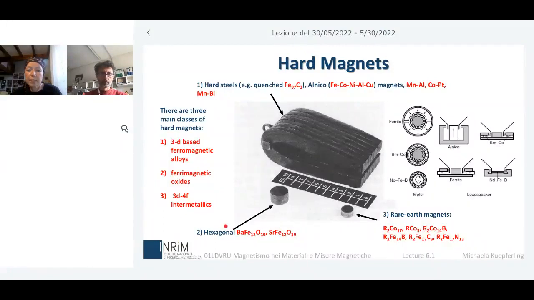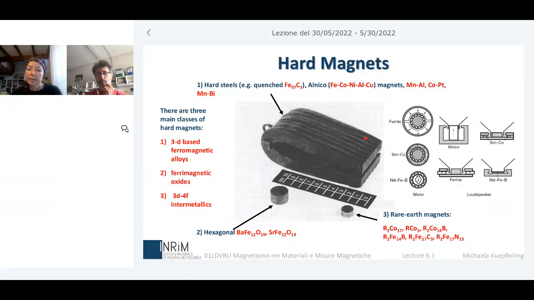Then we have ferrimagnetic oxides, which are basically barium ferrite and strontium ferrite. These are hexagonal materials, so they bring in magnetocrystalline anisotropy, and therefore they are hard magnetic. And then we have 3D-4F intermetallics, which are neodymium iron boron and samarium cobalt alloys.